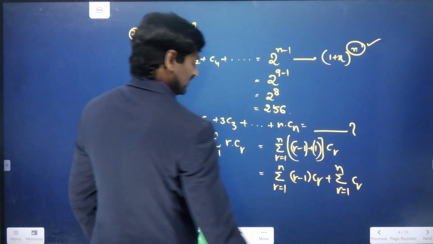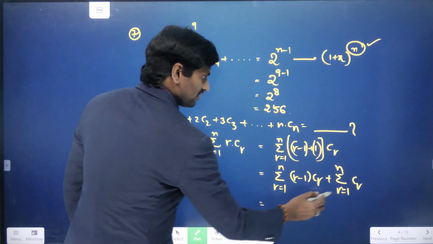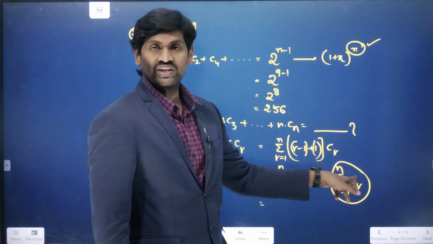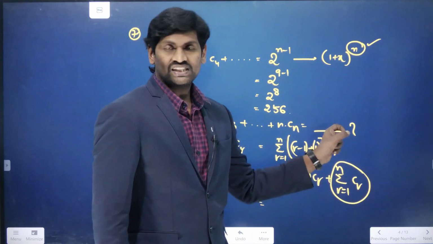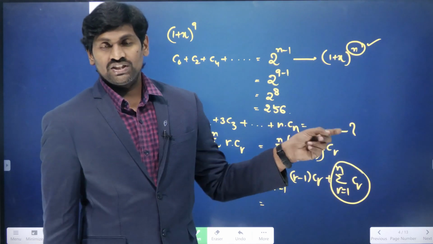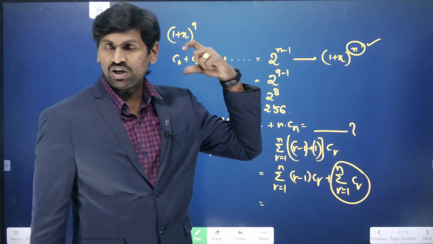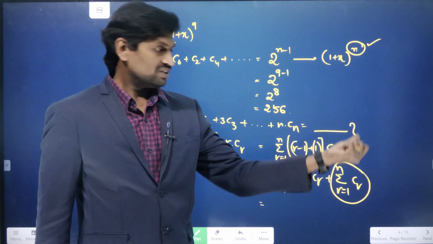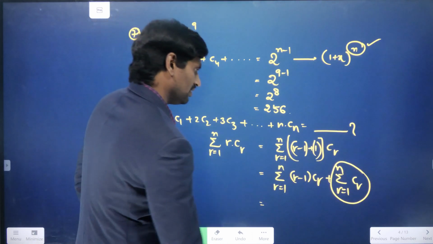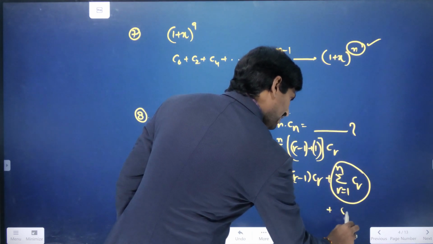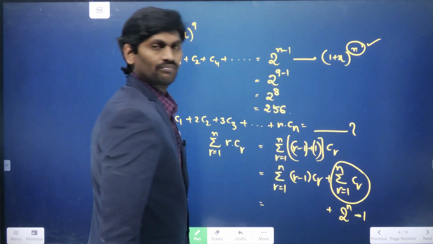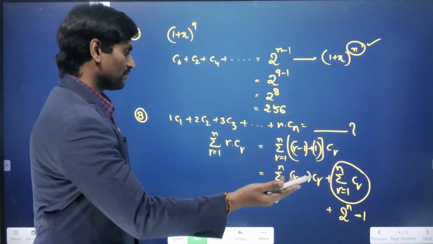Let me write. That implies, now while you are observing here, sigma r equals 1 to n Cr. Cr is nothing but, if you write, C1 plus C2 plus C3 and so on to Cn. So C0, C1, C2, C3 onwards, if you continue all the coefficients, it will be 2 power n. C0 is not there now, so we can write 2 power n minus 1, because C0 value is 1, when you transpose it, minus 1 will come.